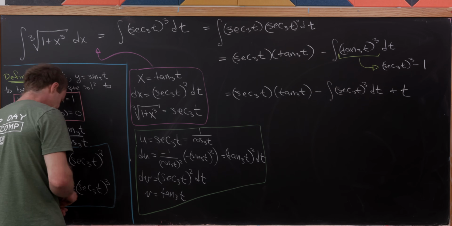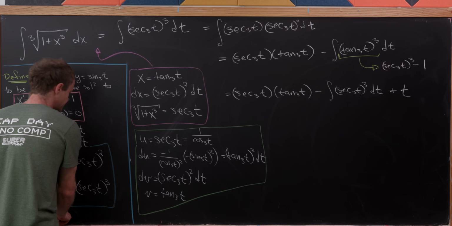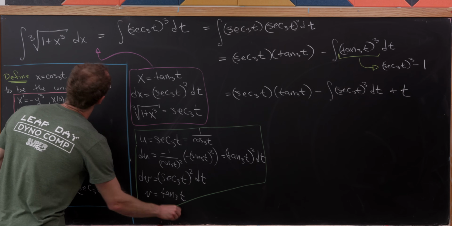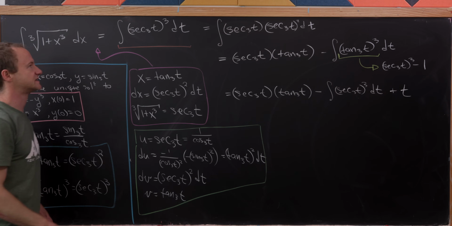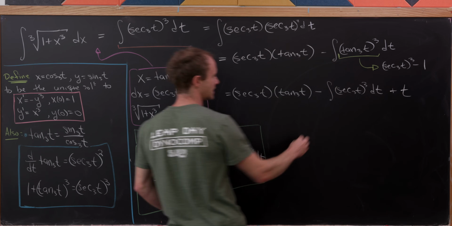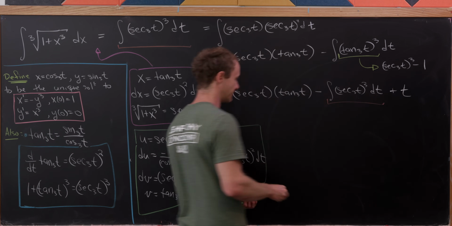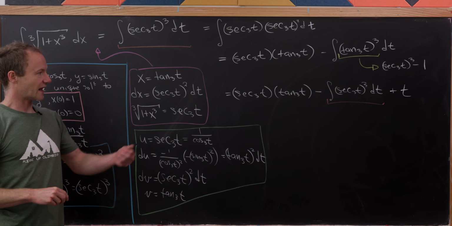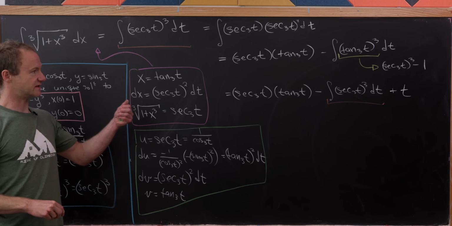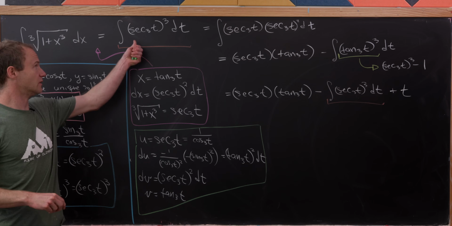Oh, but now let's look at what we have here. We have over here this setup. We have the integral of the secant cubed is written in terms of the integral of secant cubed. So, well, we could add one of the brown underlines to the other side and get two of these integrals.